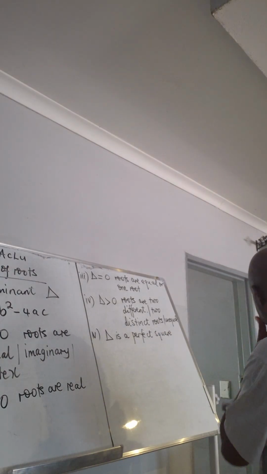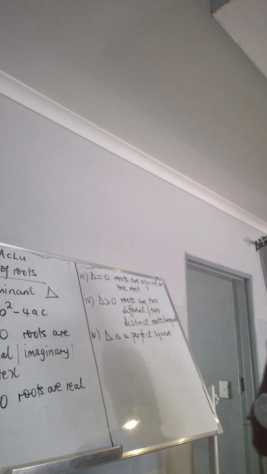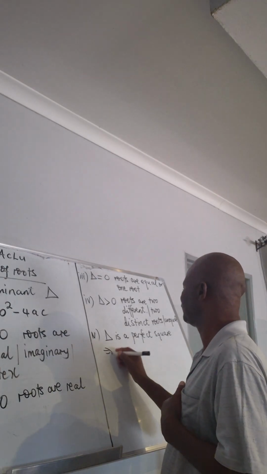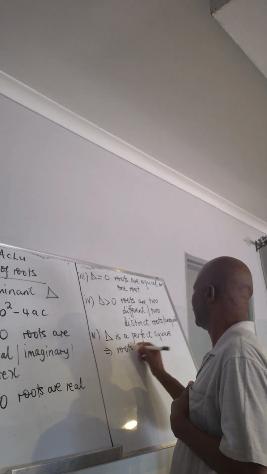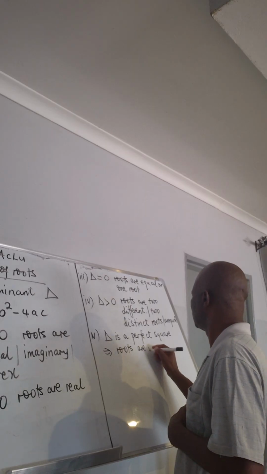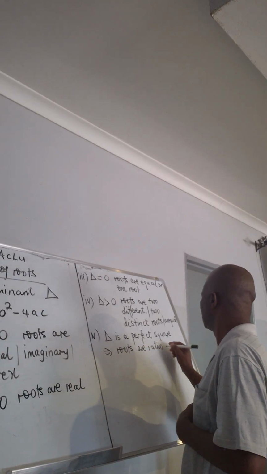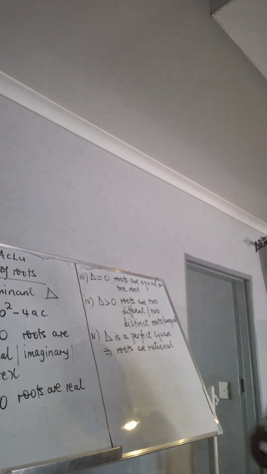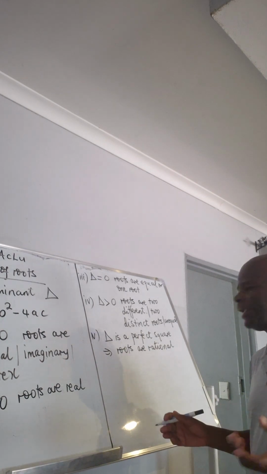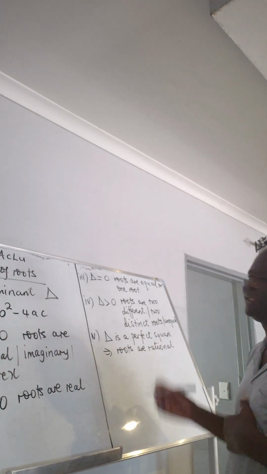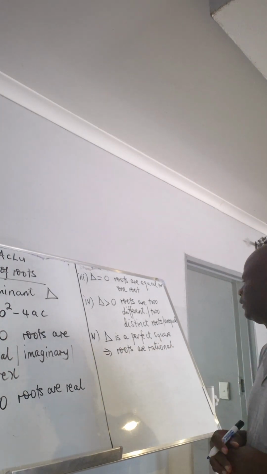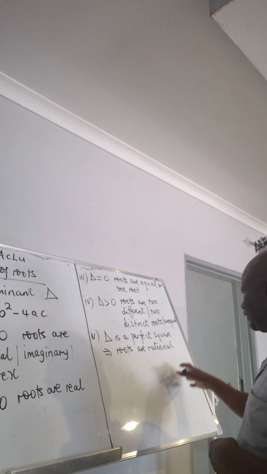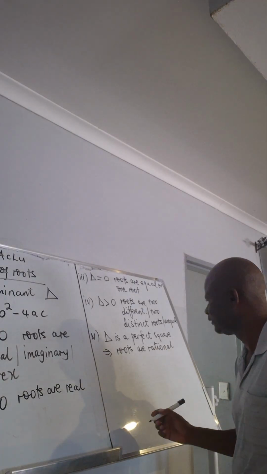What does it mean? If delta is a perfect square, it implies the roots are rational. A rational number is a number that can be expressed as an exact fraction. Roots are rational.